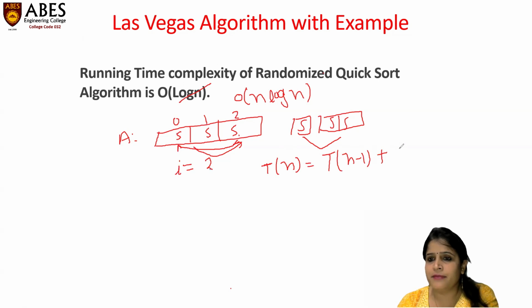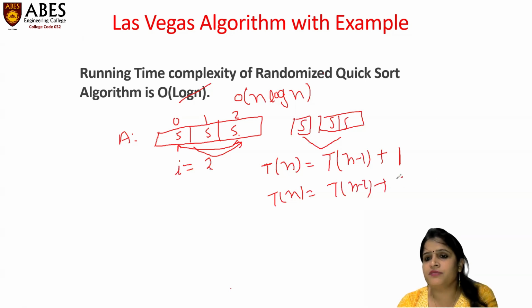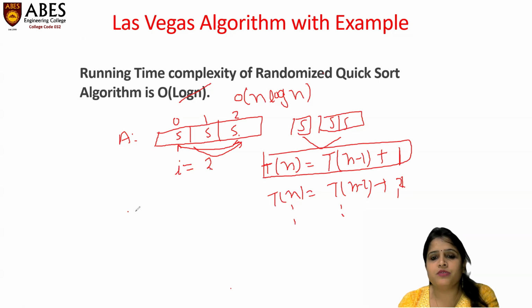Then again T of n is equal to T of n minus 2 plus 1 plus 1, and so on. If I solve this recurrence relation using the substitution method, the time complexity is order of n square.